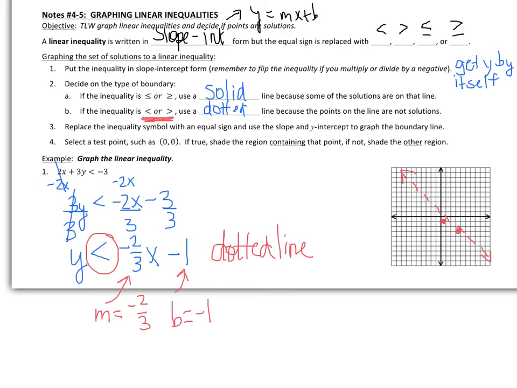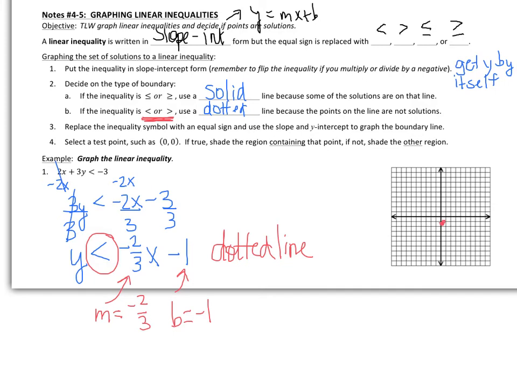Now you want to decide where you're going to shade. In these instructions it says take a test point, such as 0, 0. Let me redraw this line real quick. I don't think I did a very good job, so let's redo that.